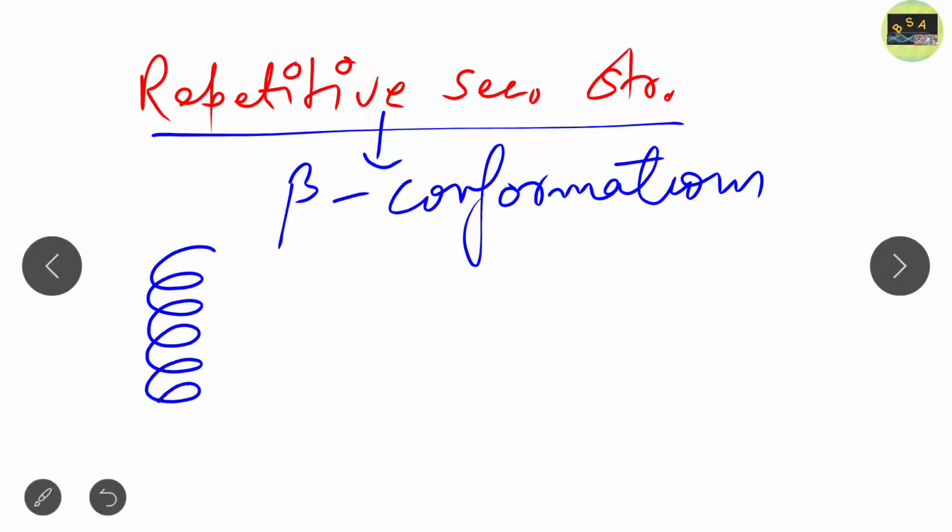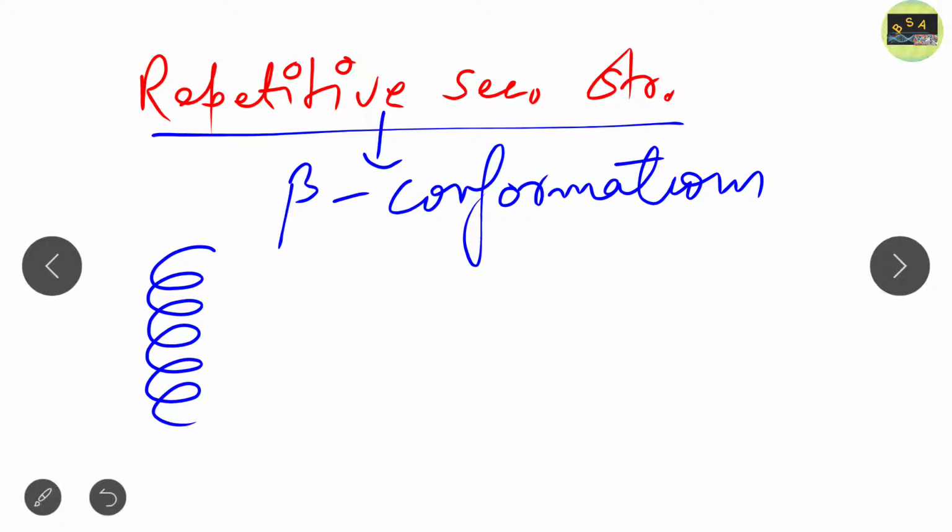We also looked at the alpha helix and beta conformation in the Ramachandran plot, and there we saw that the values for the alpha helix always range close to 0, around 39, 47, in that area. But when we look at the beta conformation, that is parallel beta sheet as well as anti-parallel beta sheet, the structures are extended in nature, and their values range towards 180 degrees. We already saw all these things in the Ramachandran plot.